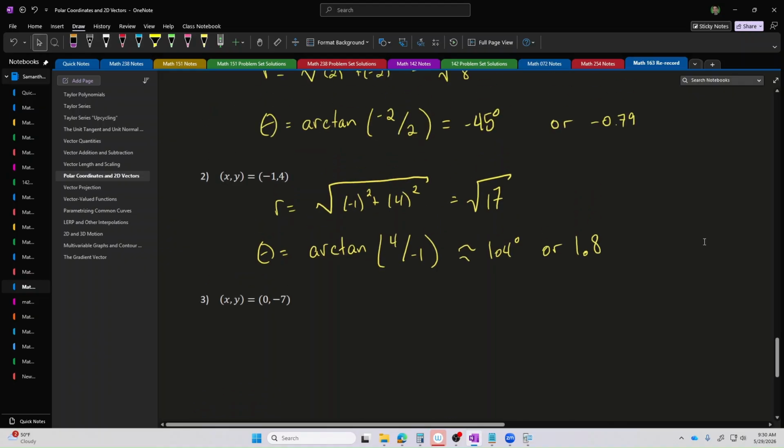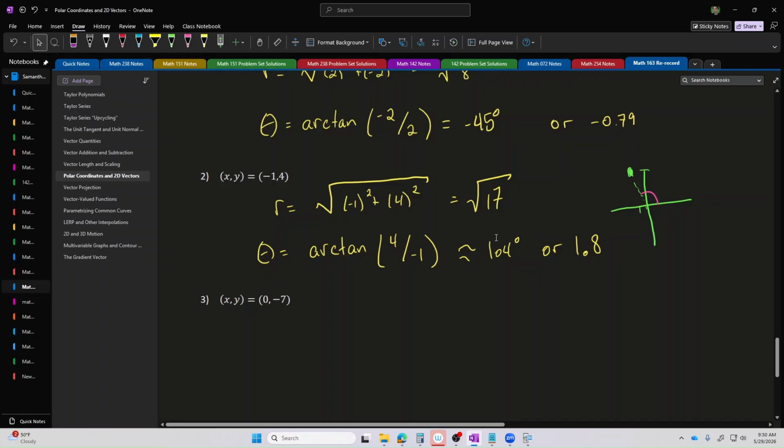When you're doing these calculations, bear in mind that you can always throw down a quick sketch to make sure that your theta value makes sense for the point that you're working with. So for example, if I'm working with a point up here at (-1, 4), then it makes sense that I've gotten a value of theta that's larger than 90 degrees, larger than pi/2, but not as large as 180 degrees.